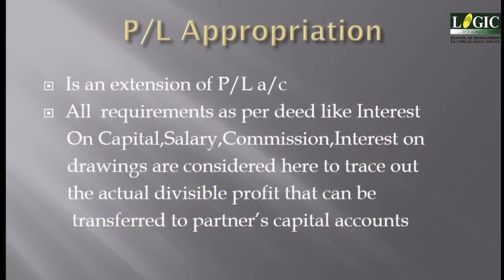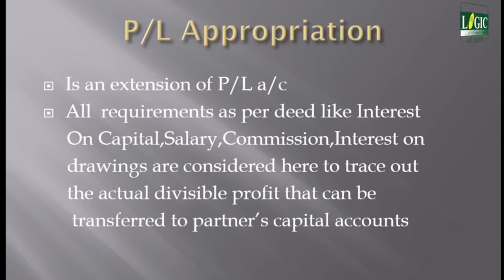So students, now we will move on to the next topic after fixed and fluctuating capital methods. The next topic to be learned in the lesson basics is about the preparation of profit or loss appropriation account. So the question naturally arises, what is profit or loss appropriation account? In partnership accounts, after preparation of profit or loss account, the net profit will be traced out.